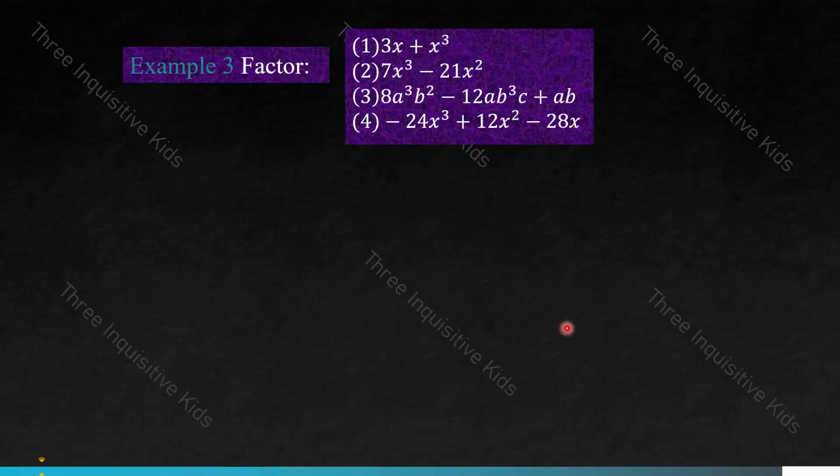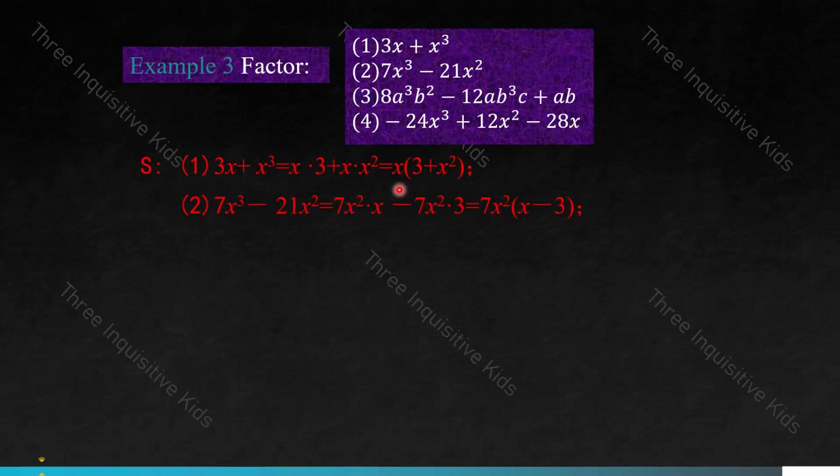Let's do another example. Factor these 4 expressions. Use the skills we've just learned and watch out for the common mistakes when you factor these expressions. Well, here is our first solution. After taking out the common factor of x, you should have x times 3 plus x squared. For 2, after taking out the common factor of 7x squared, you have 7x squared times x minus 3.